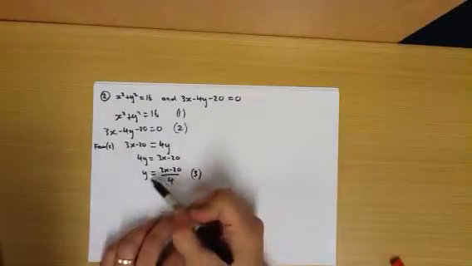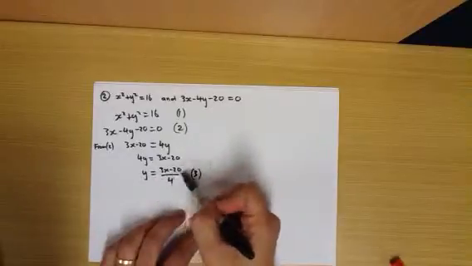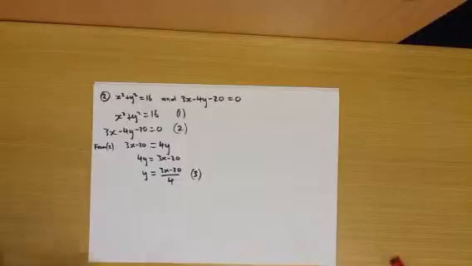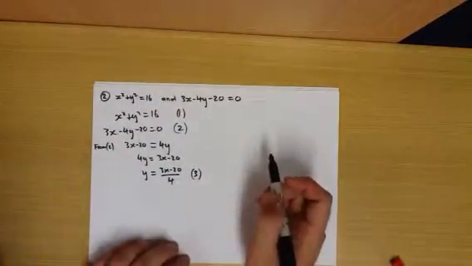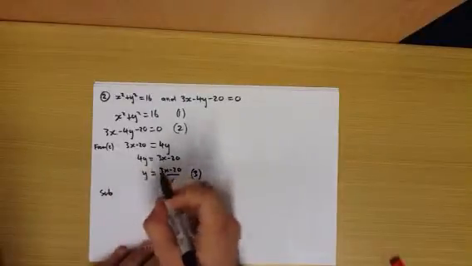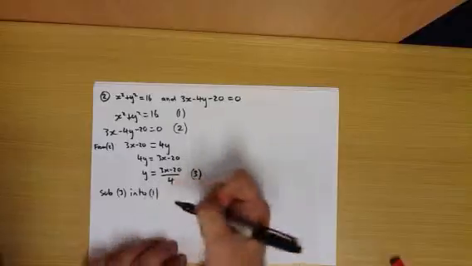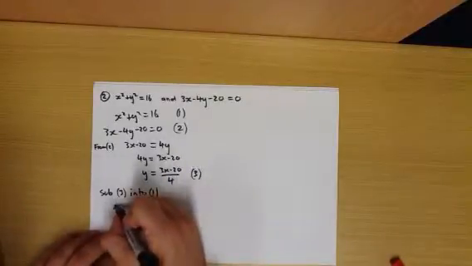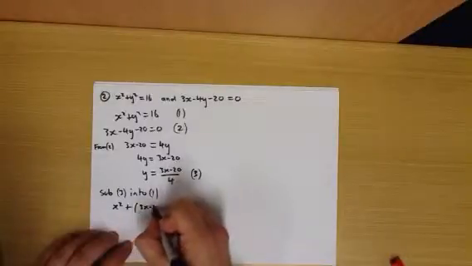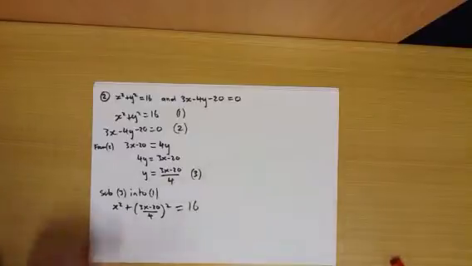So I'm going to substitute this y value into equation 1. Instead of y, I'm going to put the x expression in. That way the x's will resolve themselves. So substitute 3 into 1. x squared plus, instead of y squared, I've got 3x minus 20 on 4 all squared equals 16.